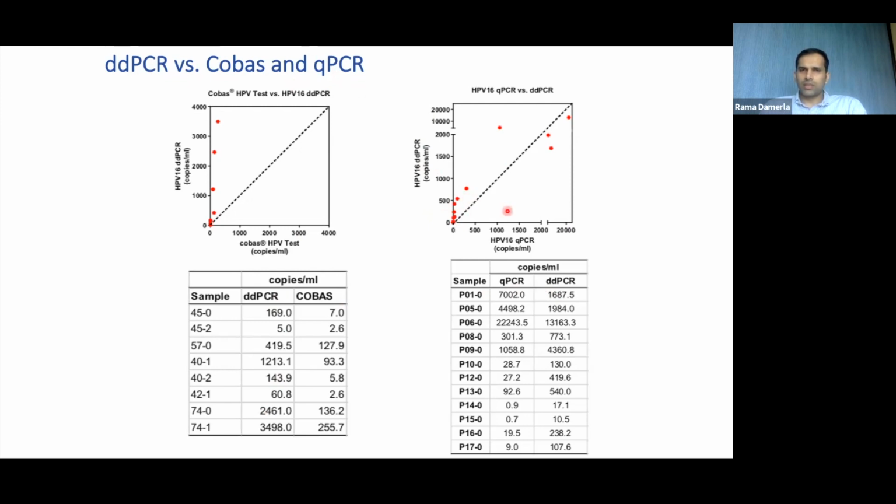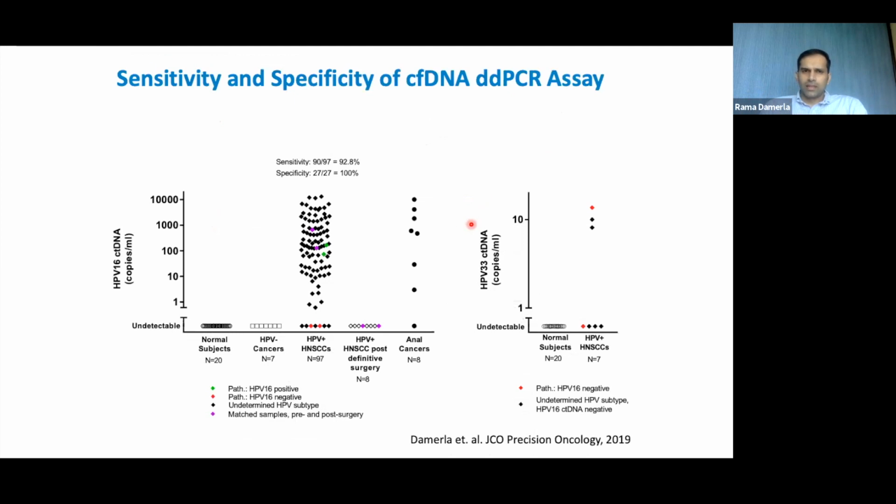But at higher viral loads, qPCR performed better. But we are more interested in early detection, so we assume that most samples will have very low tumor burden. We are more interested in detecting with high sensitivity.